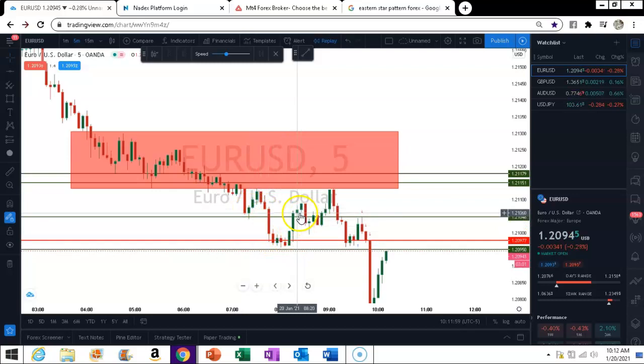So when you're buying up, your take profit would be at support. When you are selling, your take profit is going to be at the closest, the nearest resistance. Okay, excuse me. Sorry about that.